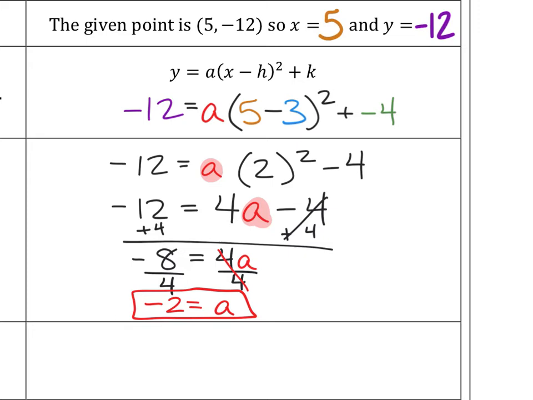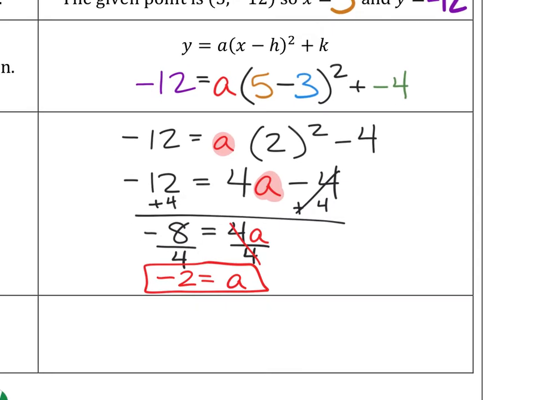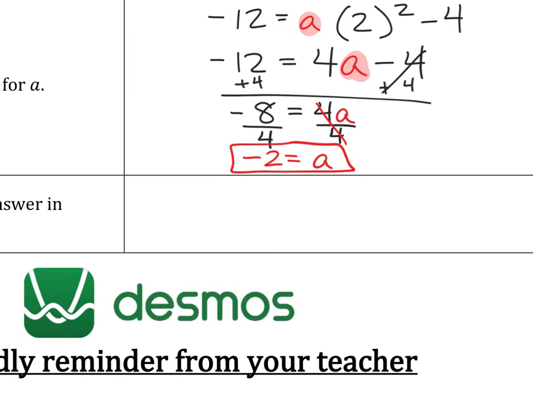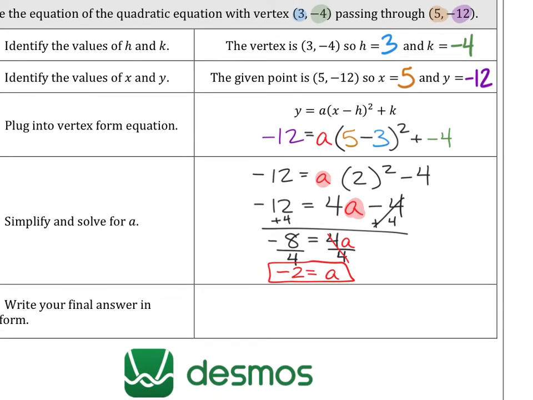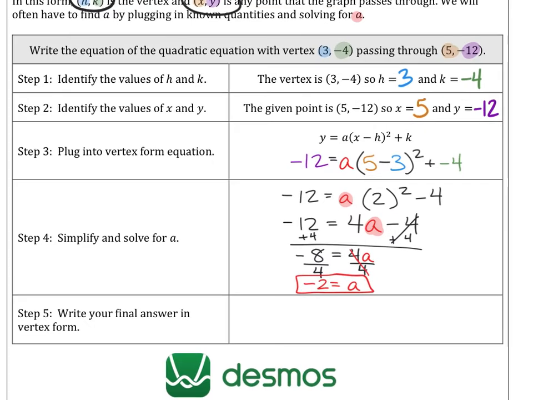The very last step here, after solving that equation that I wrote myself to set this up, is to write our final answer back in vertex form. I need you to write this down. The only 3 letters that you're plugging back in the final step are a, h, and k.